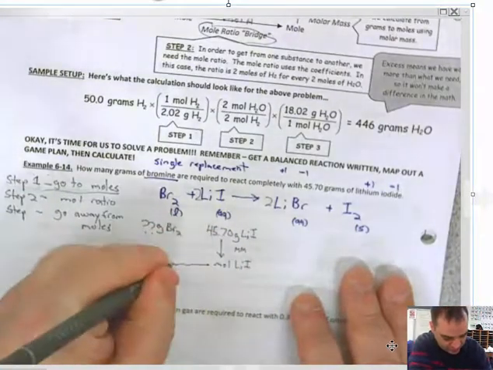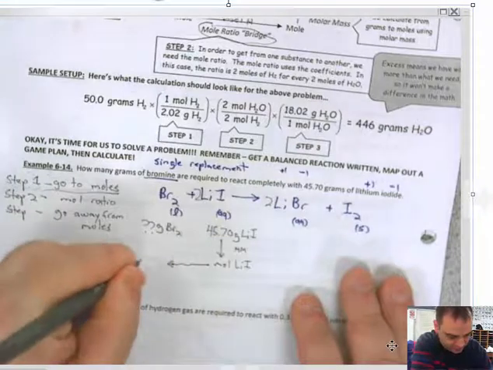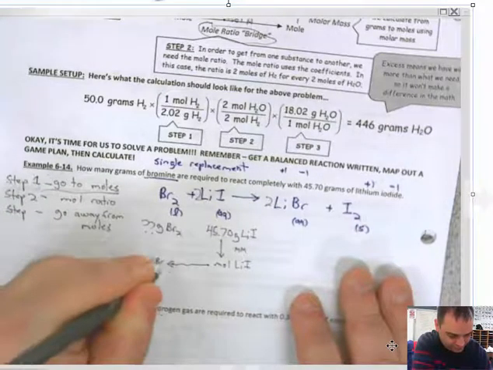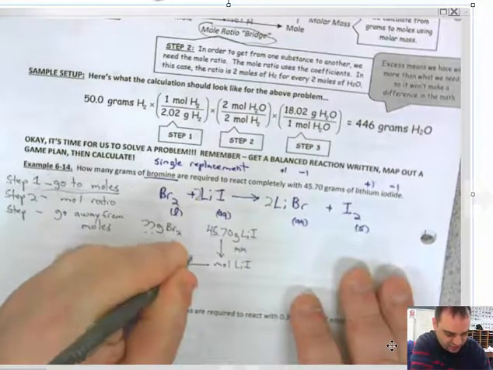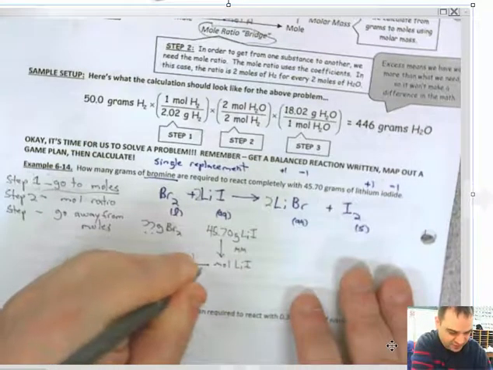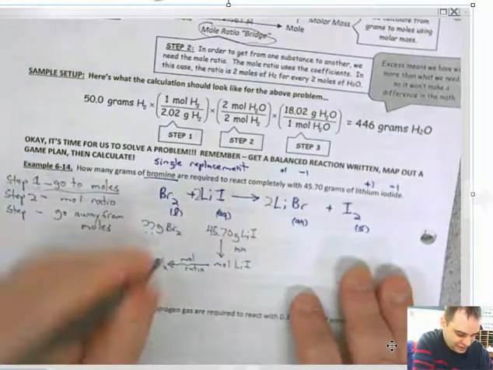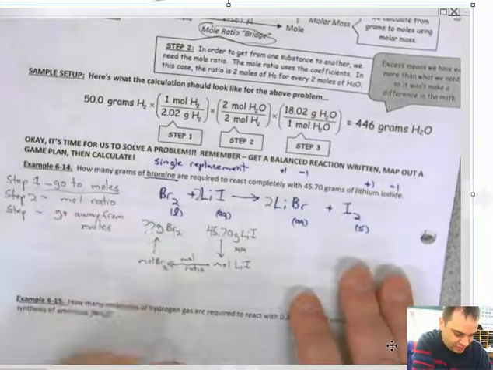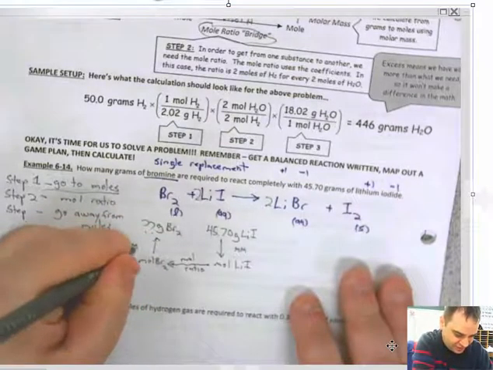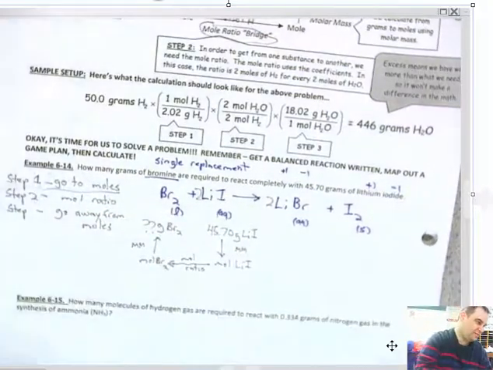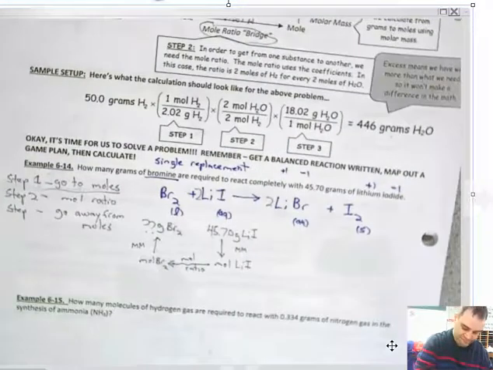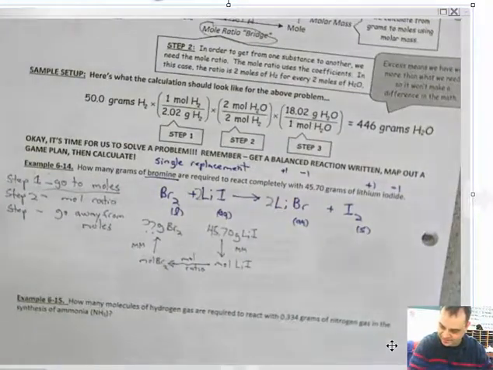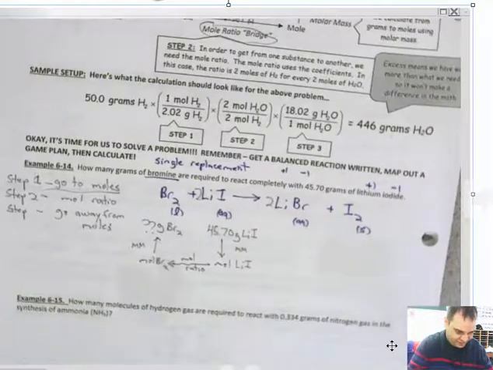Then you're going to go over to moles of bromine, because we got to do our mole ratio changing room. That's step 2. And step 3, we're going to multiply by the molar mass of bromine again. Okay. So here we go. Fun for everyone.